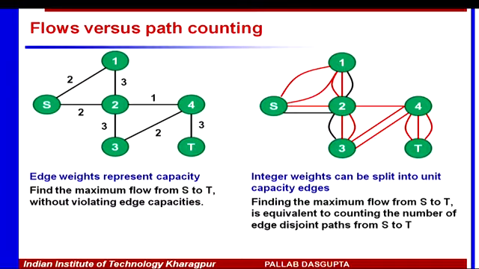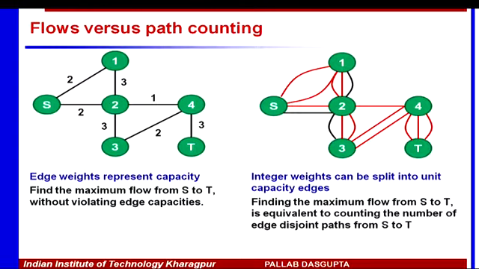But if we had an edge whose weight was 2.5, what would we have done? Now, we cannot break it up into 2.5 edges. How will we do it? Then that counting argument does not hold anymore. Though you could actually scale up the problem by multiplying 2.5 by 10, and for that matter all the edge capacities with 10.